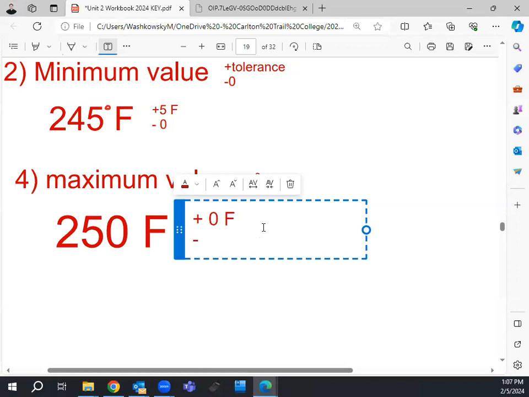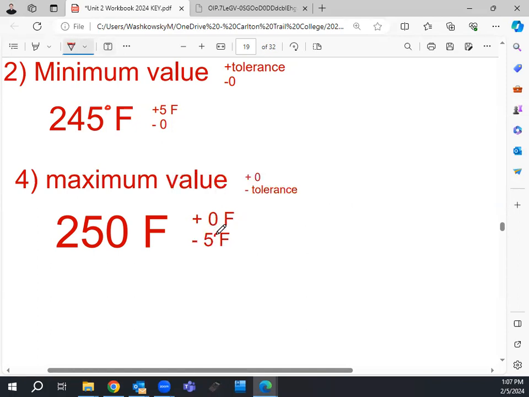But I can take away my tolerance, which is 5 degrees Fahrenheit, right? So you can make it colder. That's the difference between this minimum value and this maximum value and how we show it. It's saying, this is the coldest value and this is how much warmer it can get. And the other way is this is the hottest value and this is how much colder it can get.